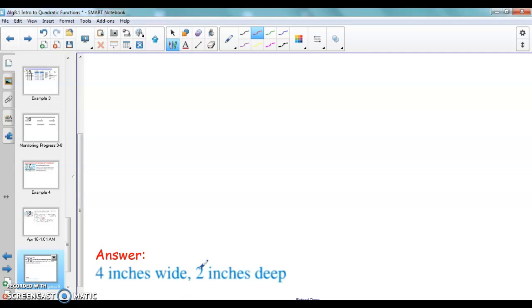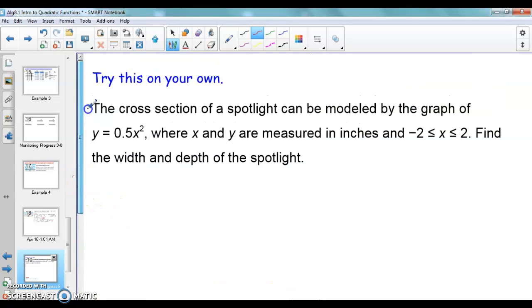Then how do you find the depth of the spotlight? Well, you can do this in 2 ways. You can graph y is equal to 0.5 x squared over the values given for its domain, and then you find the distance from the vertex to the highest points of your graph.